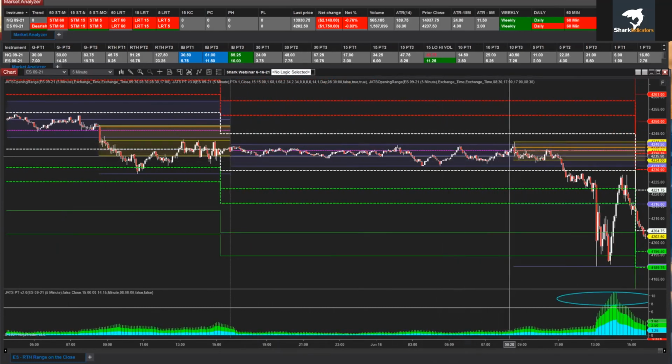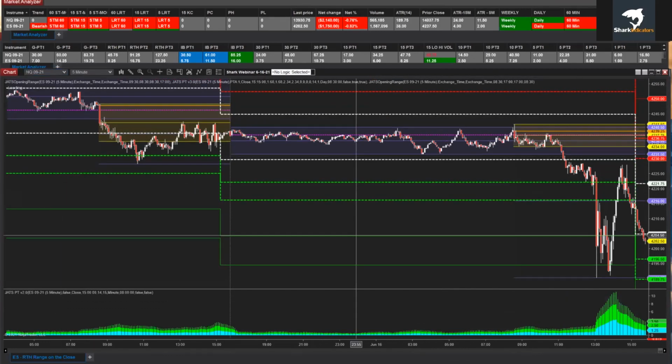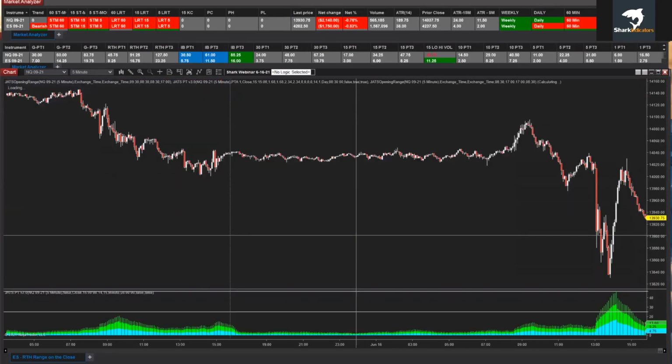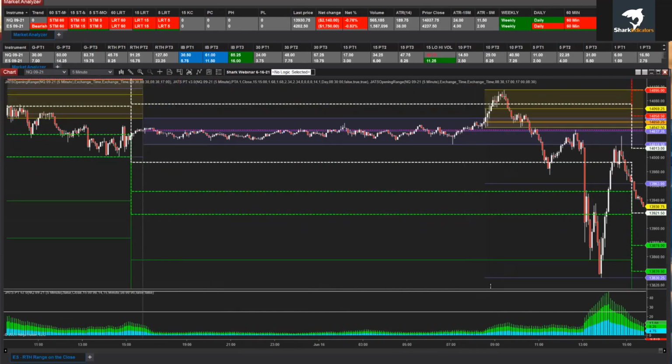You just have to be careful not to get caught up in the overlap, which will happen a lot, especially in the ES. NQ is a little bit better about launching away from an area, but you just never know. If it's going to be a flat inside, normal distribution day, there's not really much you're going to be able to do trade-wise. Try to wait for that range expansion.